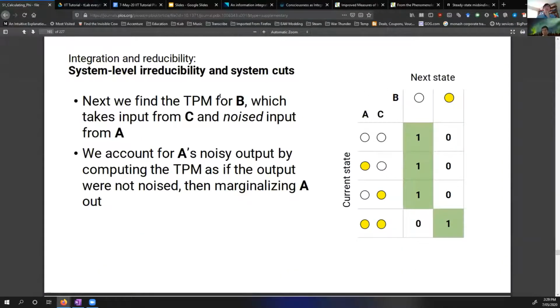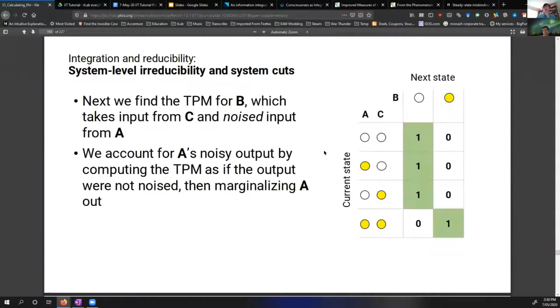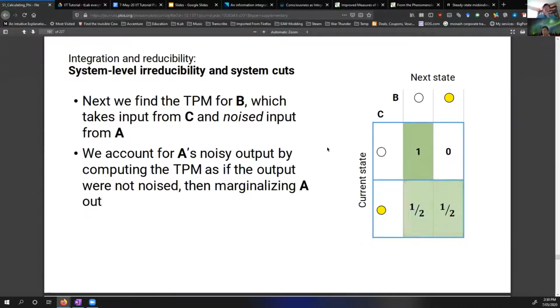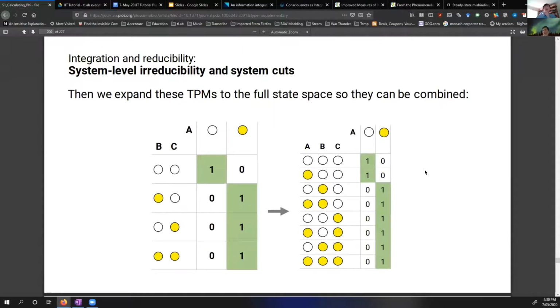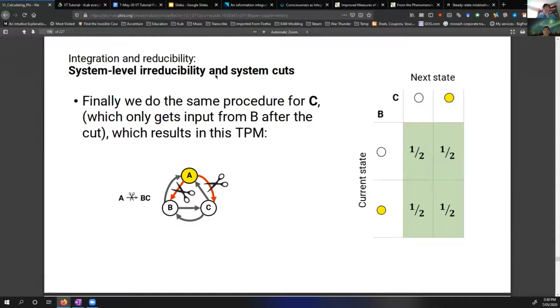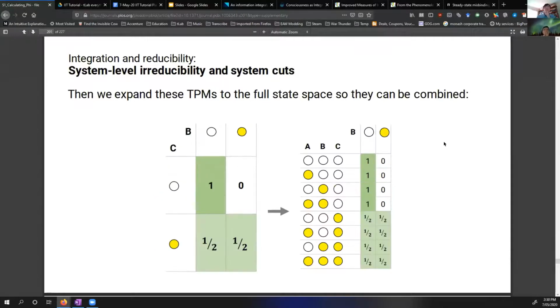And then you repeat for B. Note that if we go back here, we don't have any connections from A to B, so we essentially just marginalize A out of B's TPM to get this. And then we repeat for C, which gives this. Once again, you expand to the whole set of states A, B, and C for each part of the system.